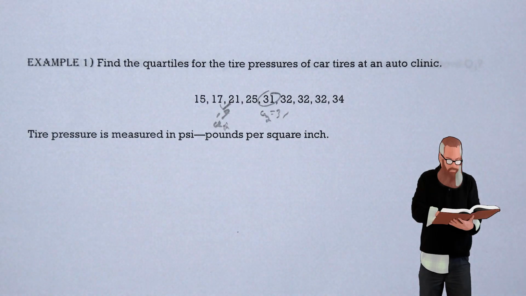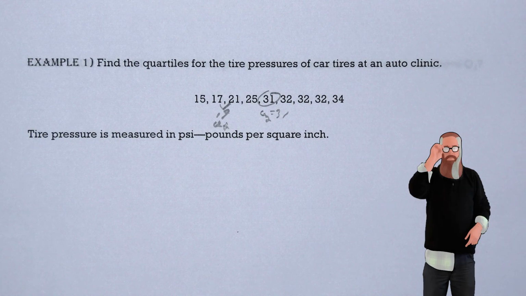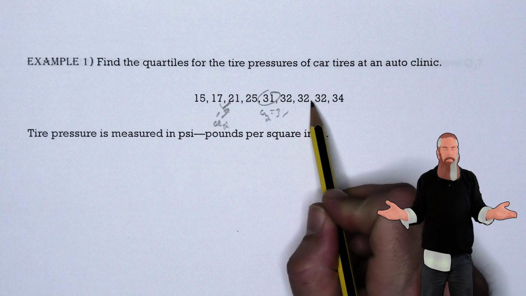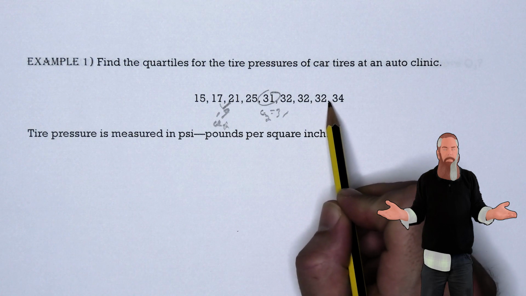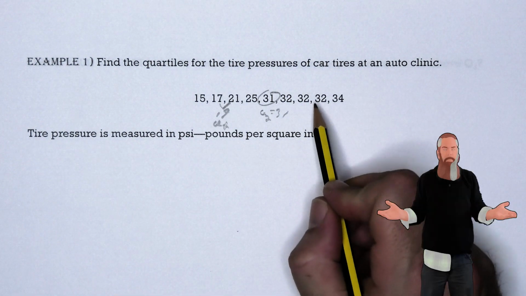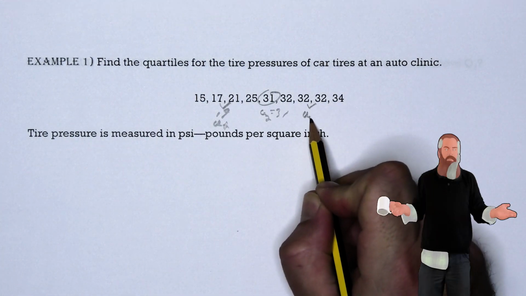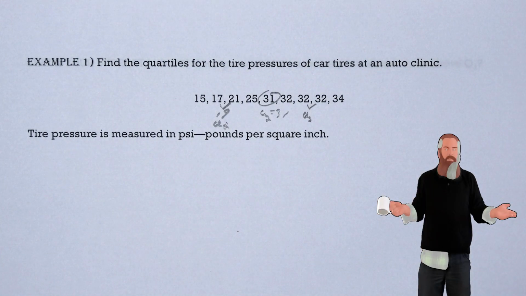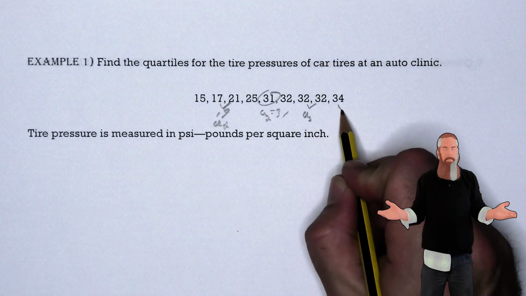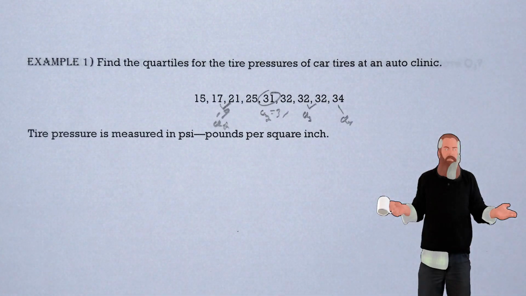For Q3, we're going to find the median of the numbers of the data set that are above the median. So 32, 32, 32, and 34. The 2 middle numbers there are 32, so Q3 is 32, and the maximum value of the data set is 34, so Q4 is 34.